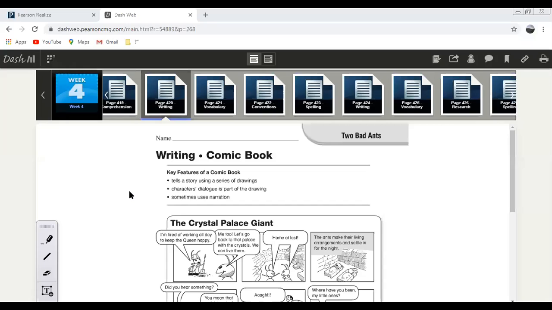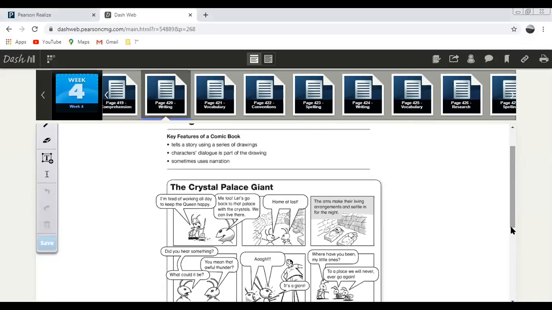Okay. Two Bad Ants. Key features of a comic book. How would you know that this is a comic book? It tells a story using a series of drawings. What is the difference between a normal story and a comic book story?